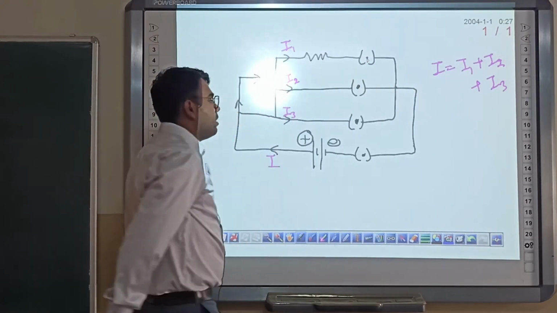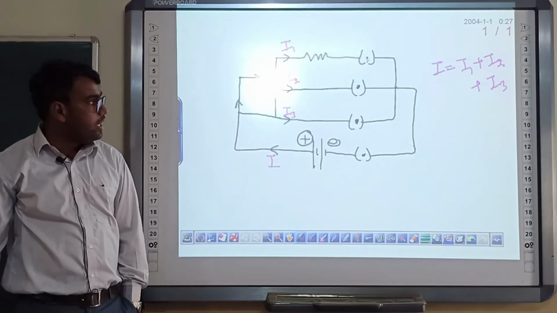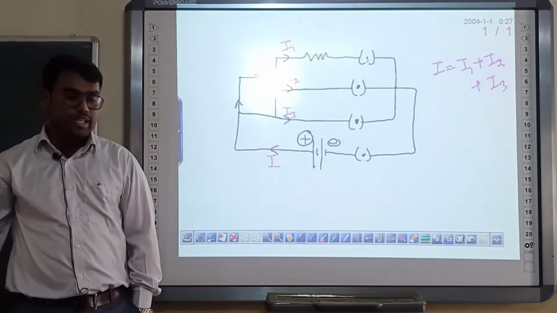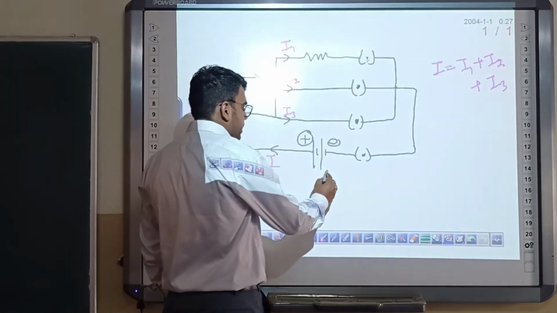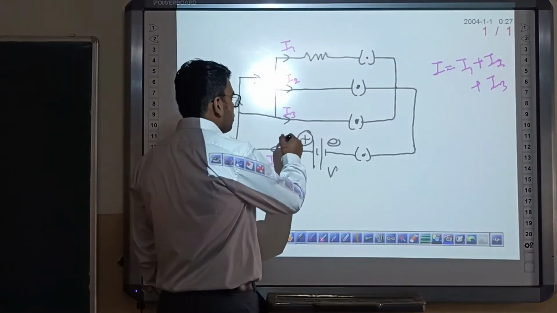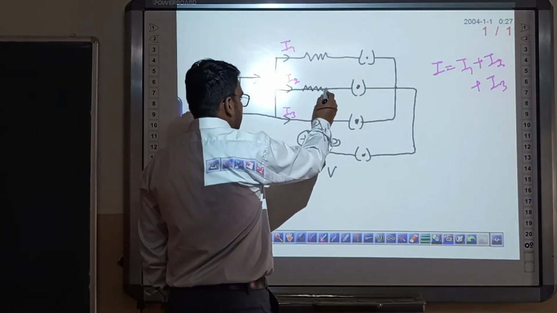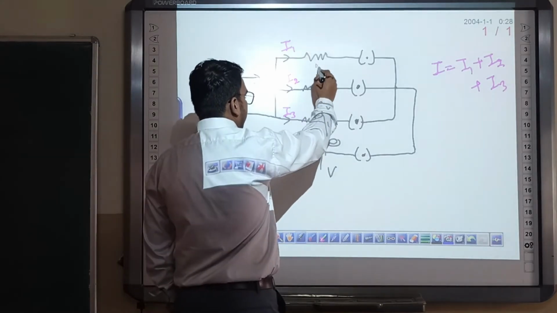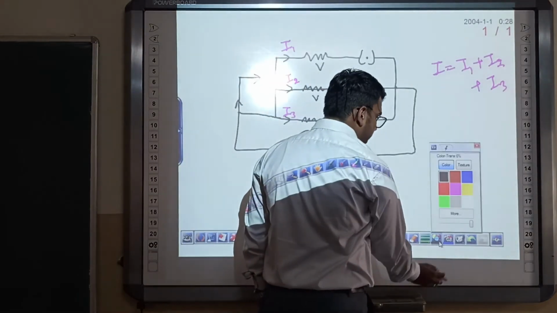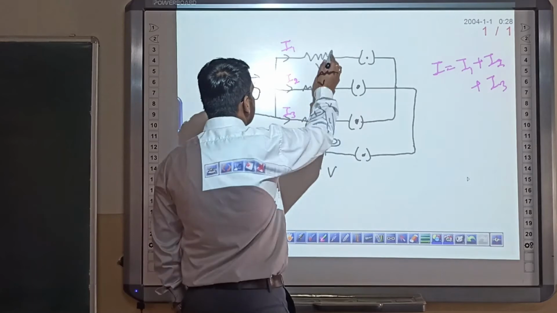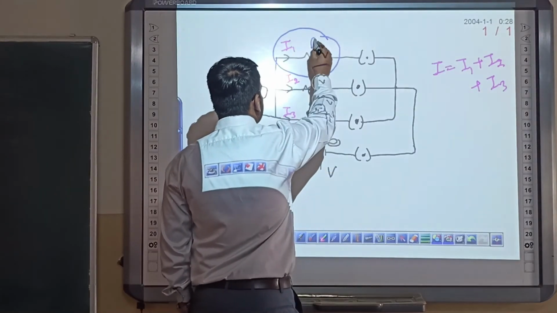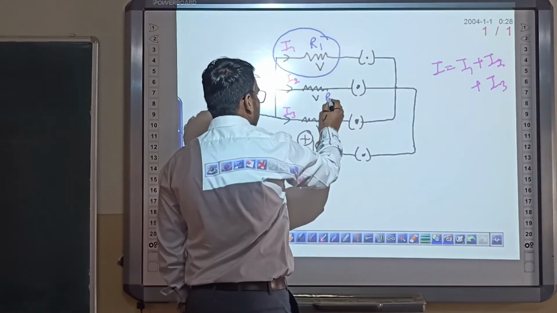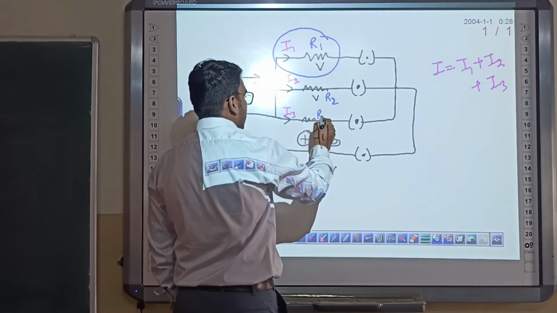So in parallel, current is divided among all the resistances, although voltage remains the same. Let us say this is V. So across these resistances we get voltage V, V and V. If I apply Ohm's law in this circuit, let us say this is R1, this is R2 and this is R3.